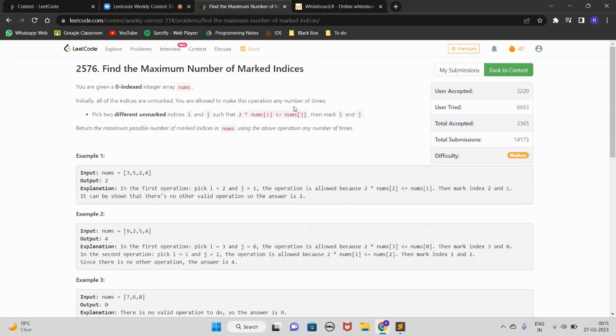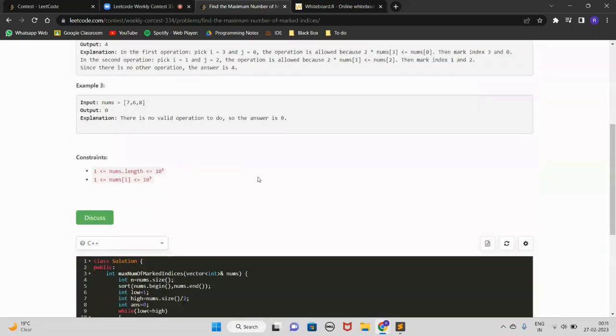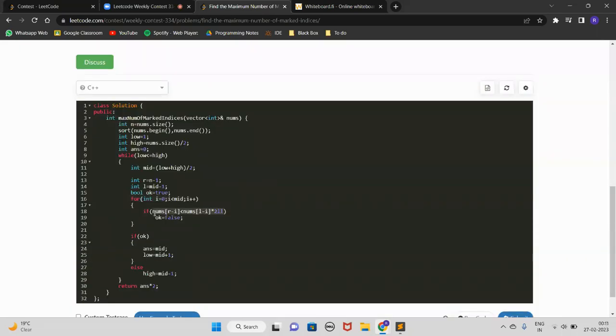So if the smaller value into 2 is larger than the larger value, then OK equals false, meaning that all of the pairs are not good. Now, if OK equals true, then answer equals mid, meaning that these many pairs are possible.